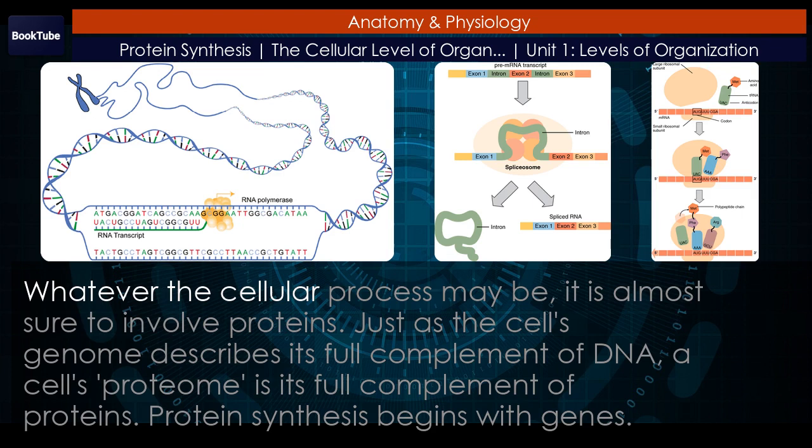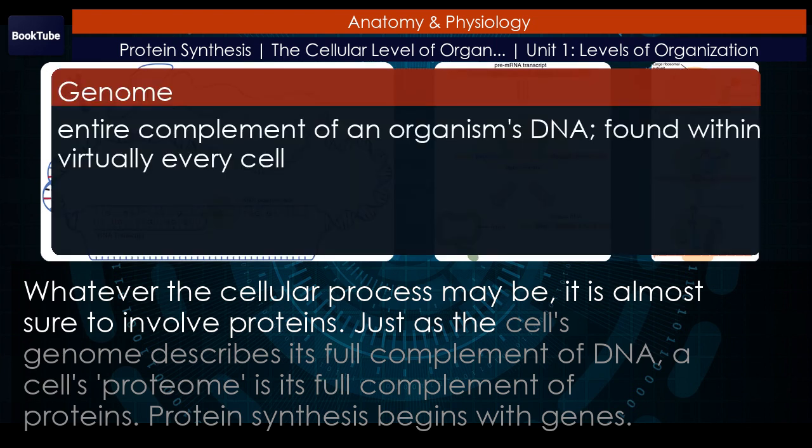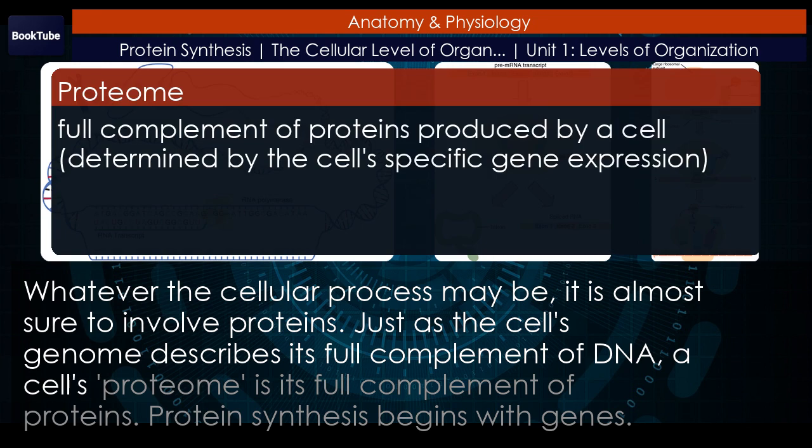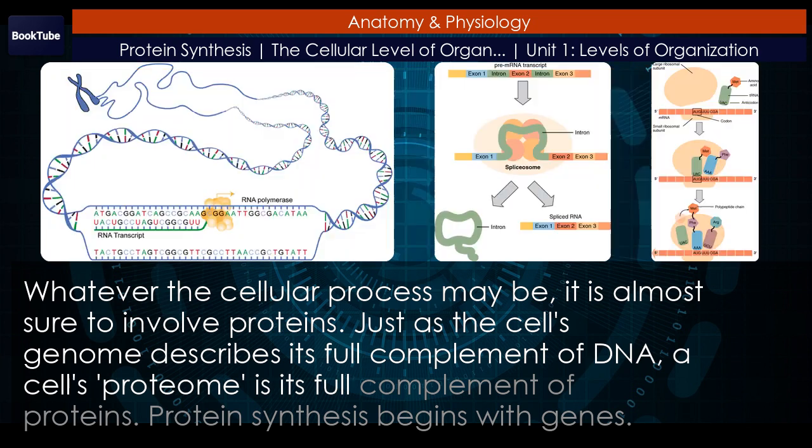Whatever the cellular process may be, it is almost sure to involve proteins. Just as the cell's genome describes its full complement of DNA, a cell's proteome is its full complement of proteins.